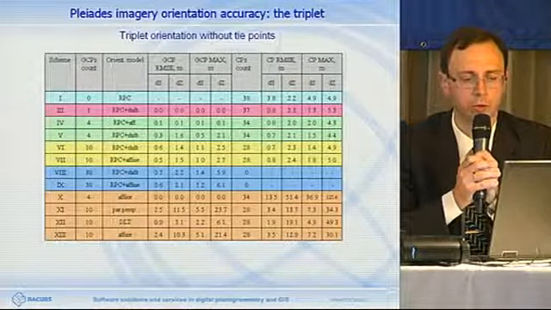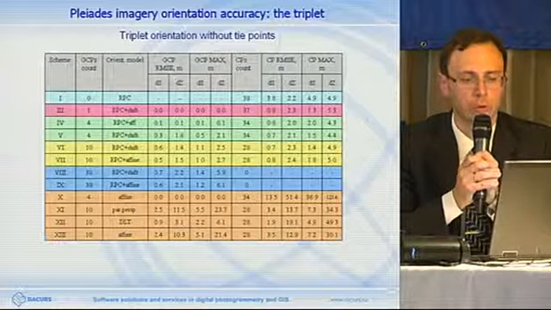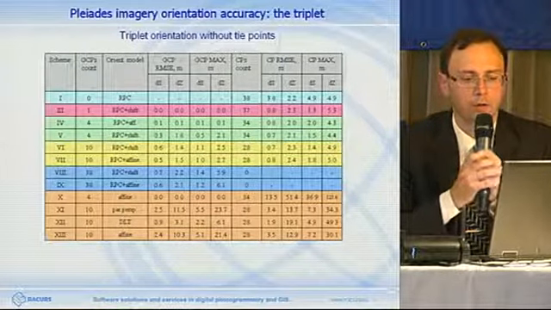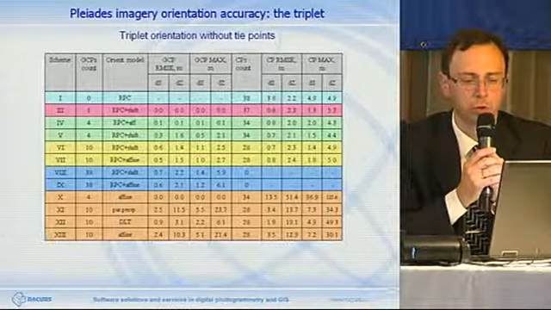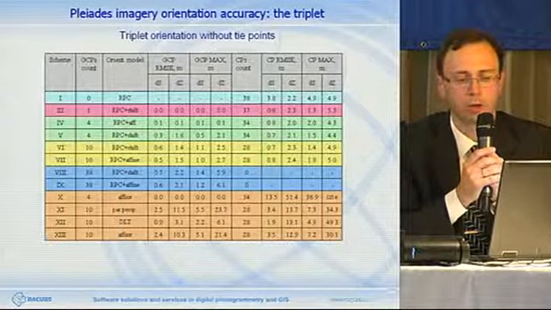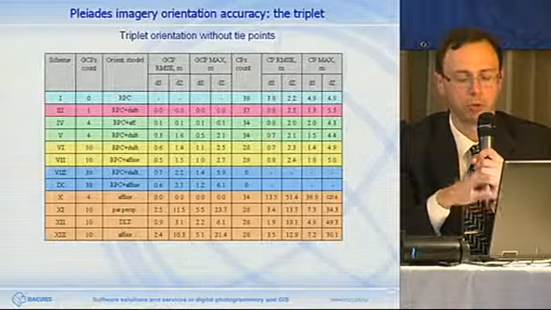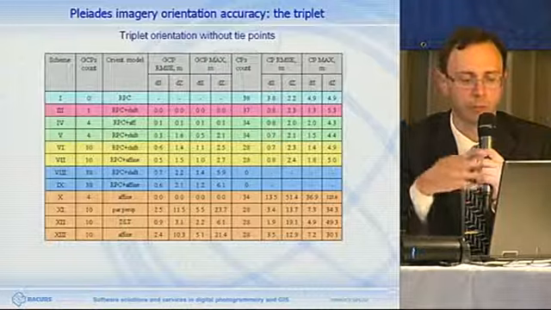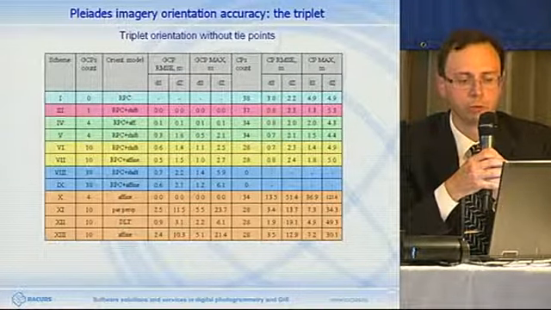This is simultaneous work for 3 images at the same time. So we can see here that on this triplet we didn't measure the tie points. We had only GCPs, but all GCPs participating in this experiment were measured in all 3 images.